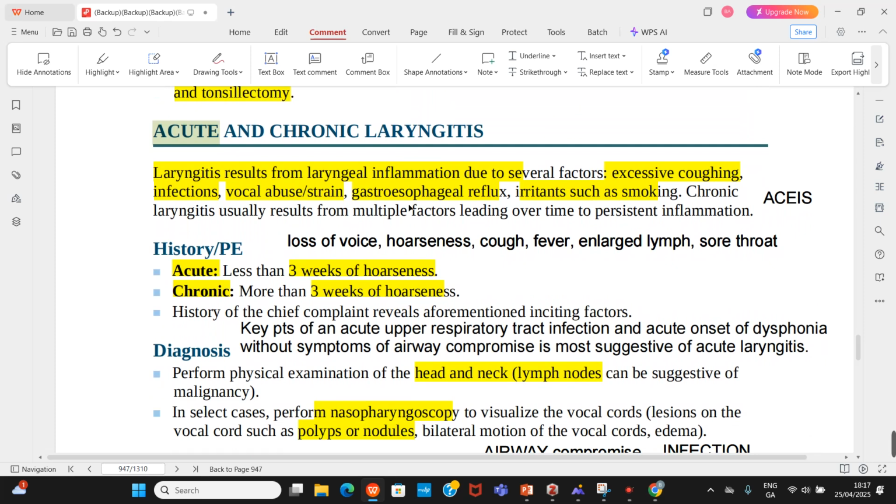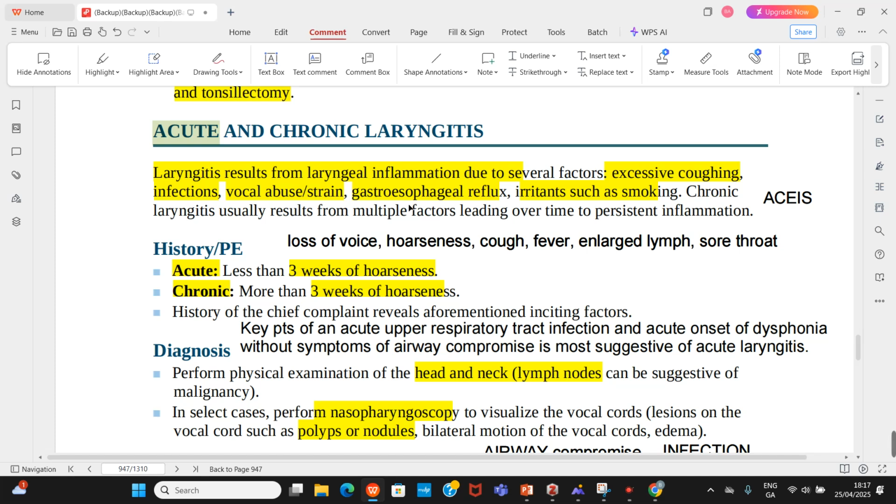So moving on to acute and chronic laryngitis. The word laryngitis just means inflammation of the larynx. This is very common in people that cough excessively, people that have infection of the larynx, people that abuse their voice, they're always talking, singers especially.